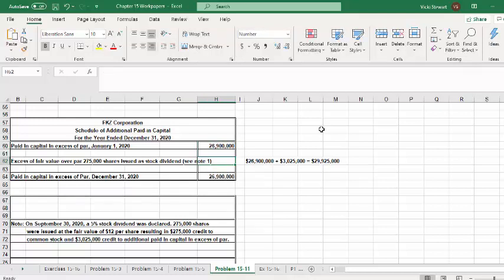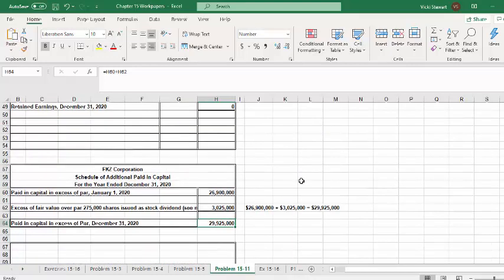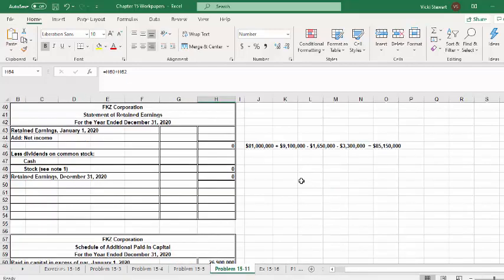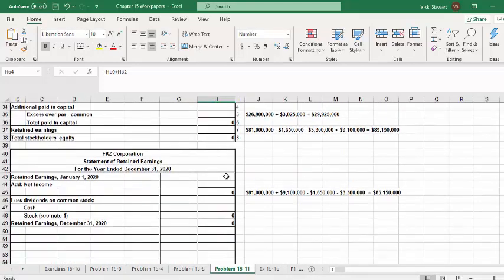We had an additional paid-in capital from the stock dividend of $3,025,000, which gives us an ending balance for paid-in capital in excess of par at December 31st, 2020 of $29,925,000.